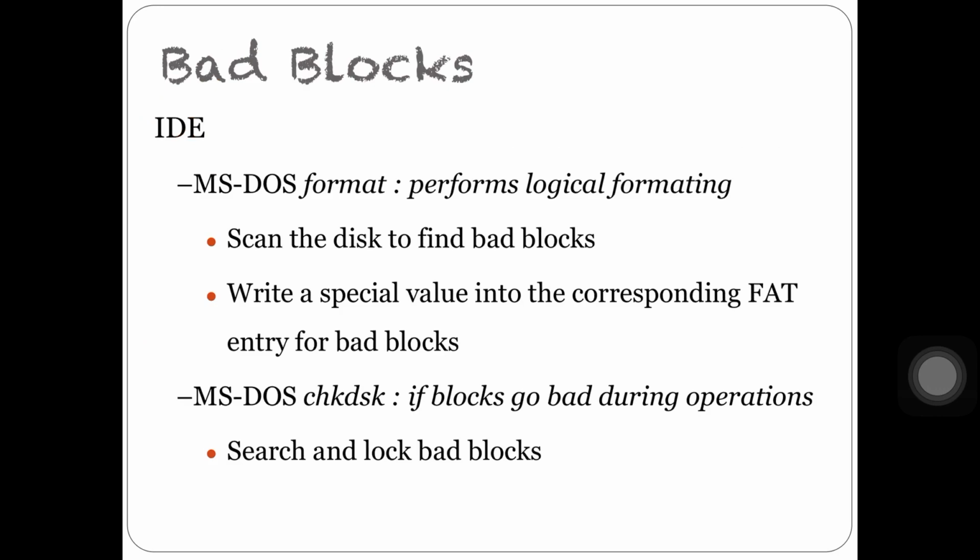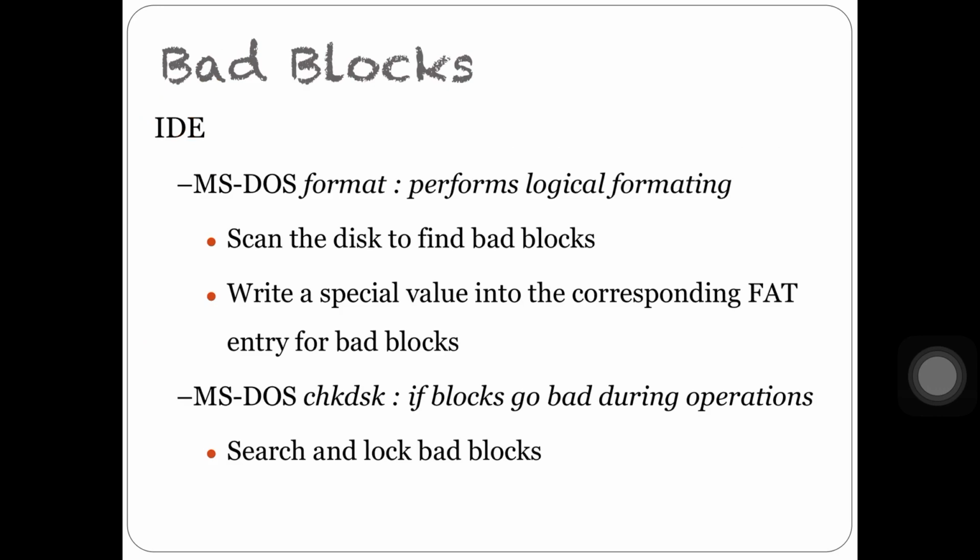If blocks go bad during normal operation, that is while you are writing something into the block or reading something, a special program called check disk, that is CHKDSK, must be run manually to search for the bad blocks and to lock them away as before.